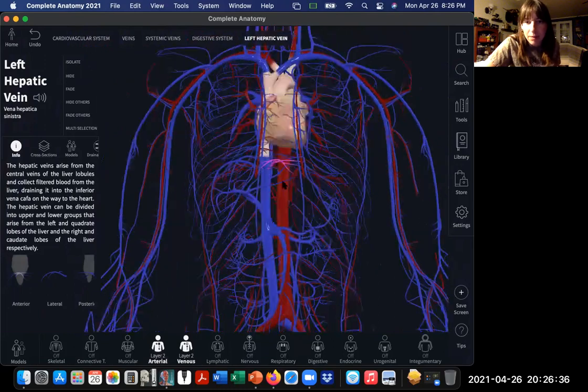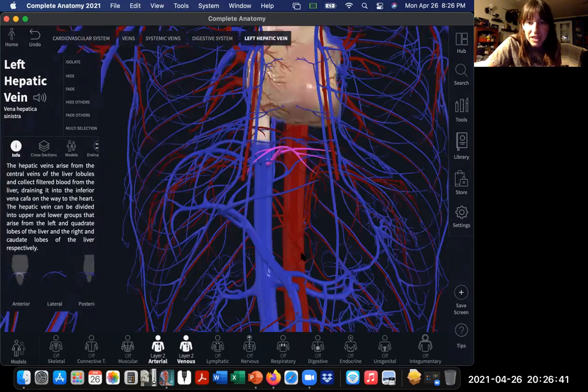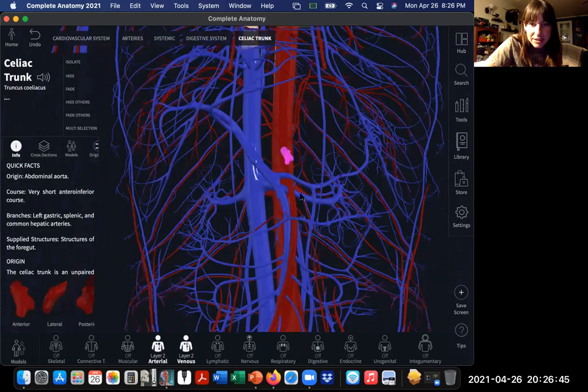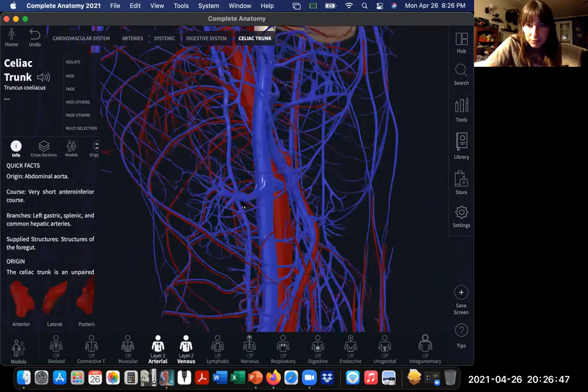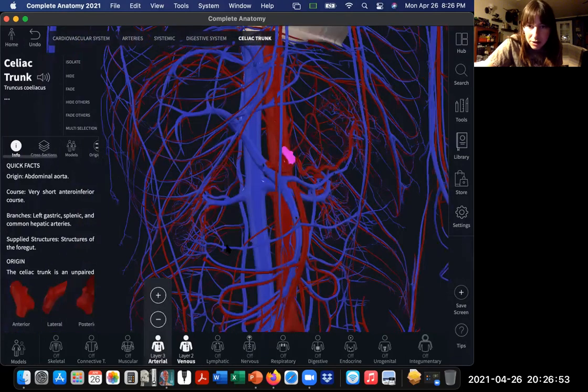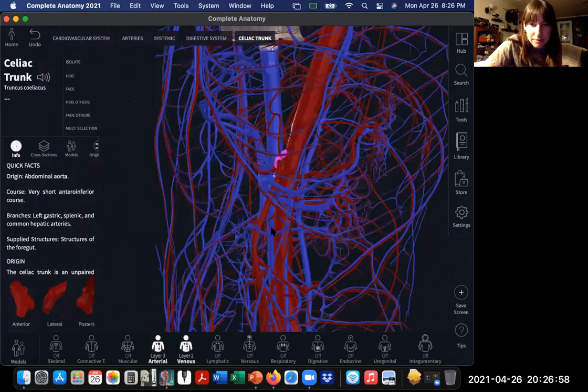From the diaphragm, not the liver. So the hepatic veins are up here. The celiac trunk is down here. But the renal veins and arteries are on a level, which makes sense, right? Because they're going to the same place.